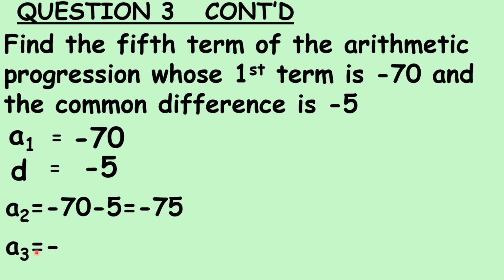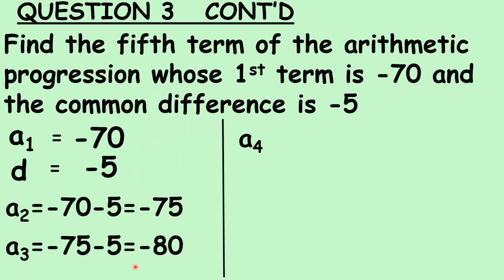So how do we get our third term? It will be A2, and then we add another minus 5, or we subtract 5, which is minus 80. We do the same for the fourth term. We now have A3 minus 5, which is minus 80 minus 5. We have minus 85.